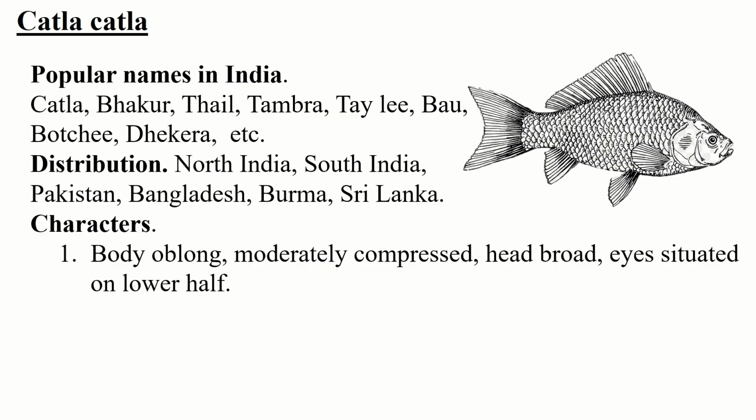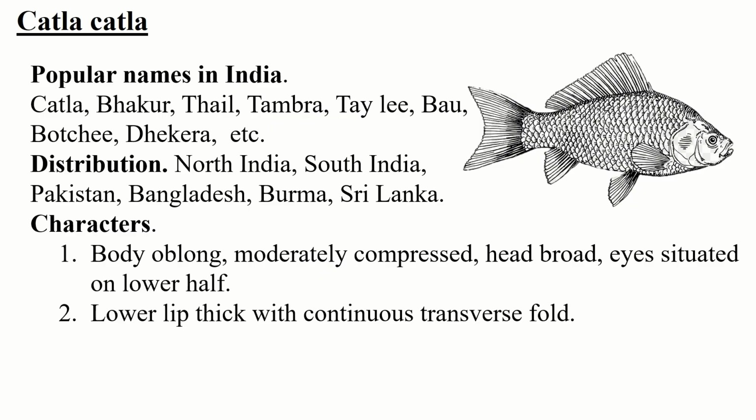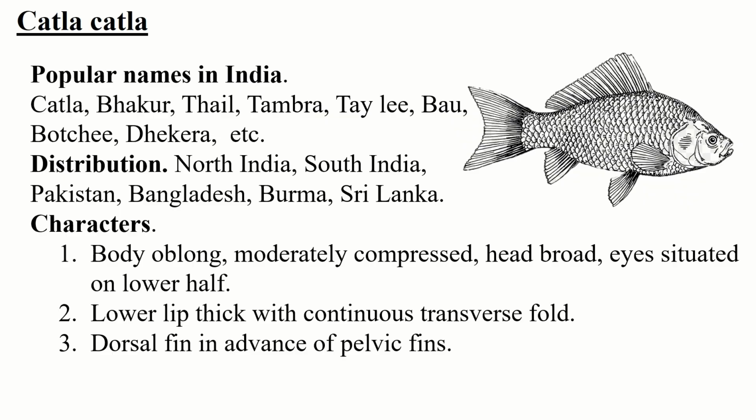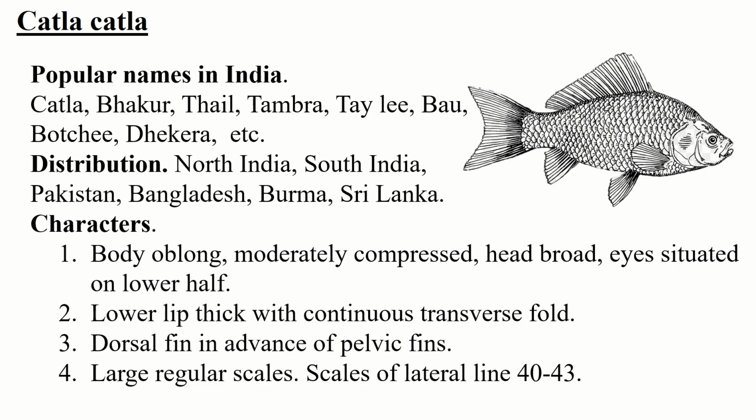Lower lip thick with continuous transverse fold. Dorsal fin in advance of pelvic fins. Large irregular scales. Scales of lateral line is about 40 to 43.